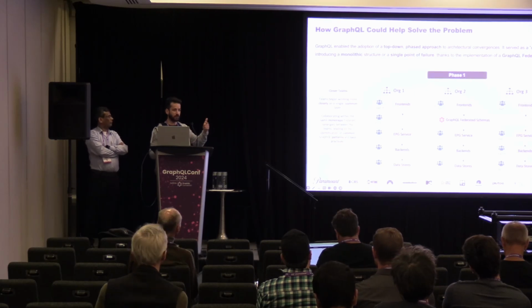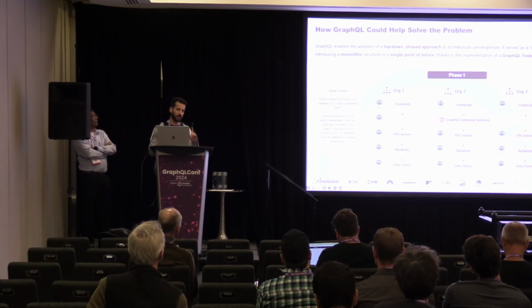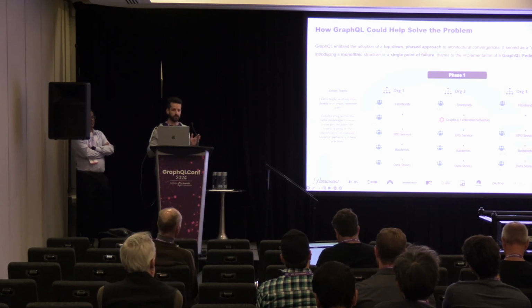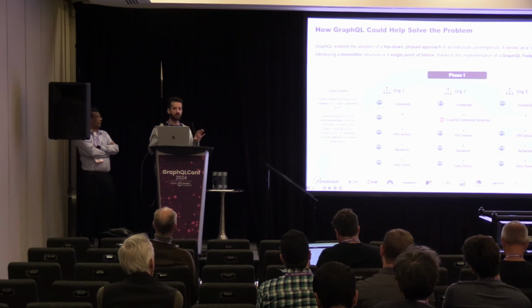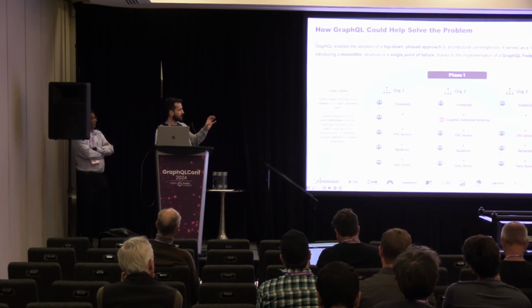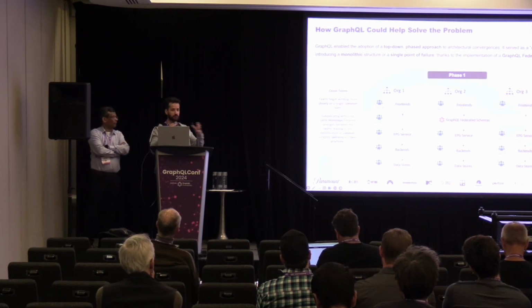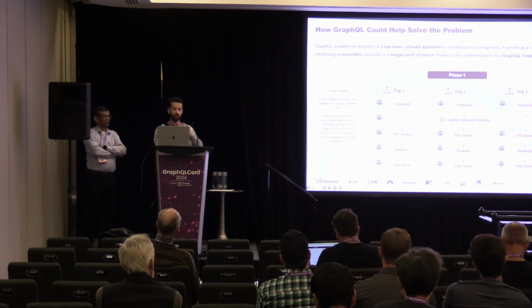Yeah, we had different subgraphs, one for each EPG service, because, again, we had different data models. So basically, we had different subgraph schemas that at the end are federated in just one single supergraph.